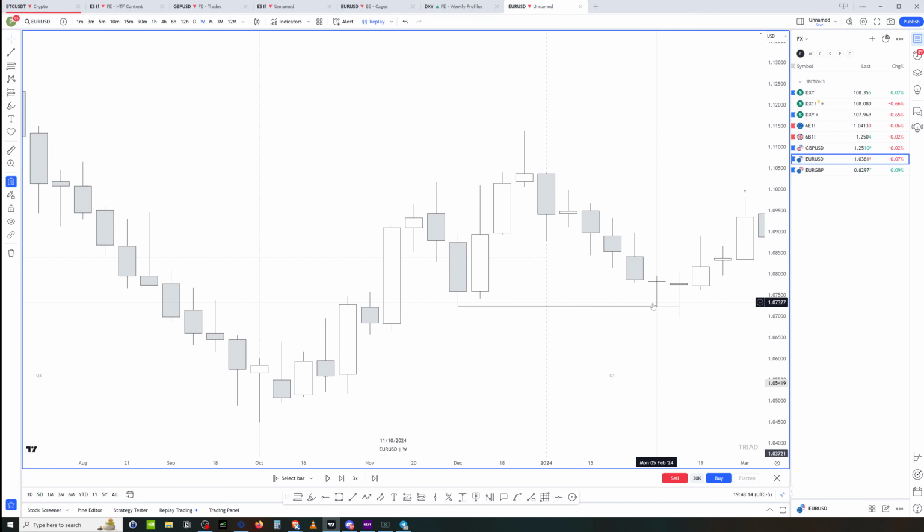Because you enter here thinking that you got the sweep, you got the turtle soup, and then the real move happens. That fakes out all the ICT pattern traders, right? And we know what to be looking for.